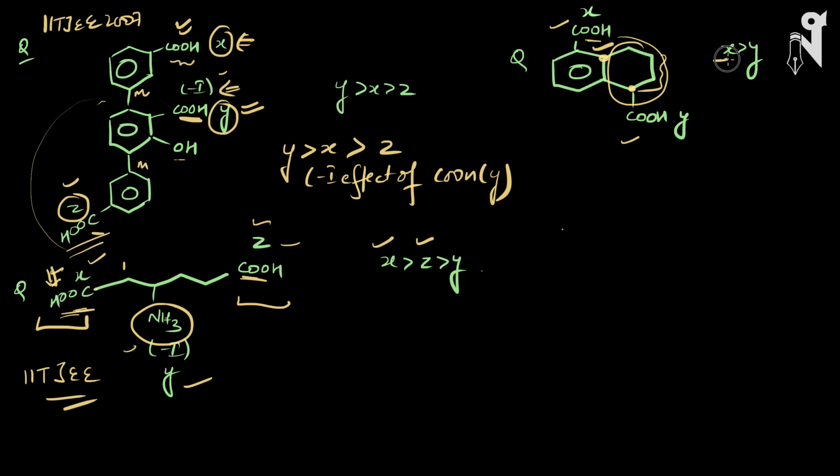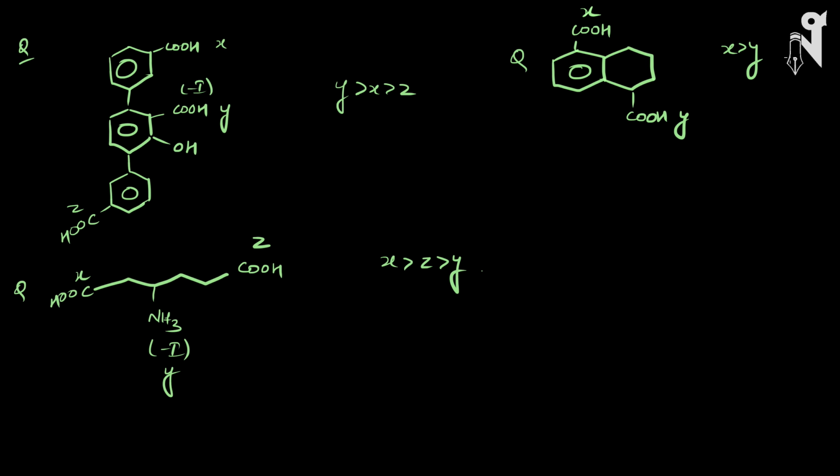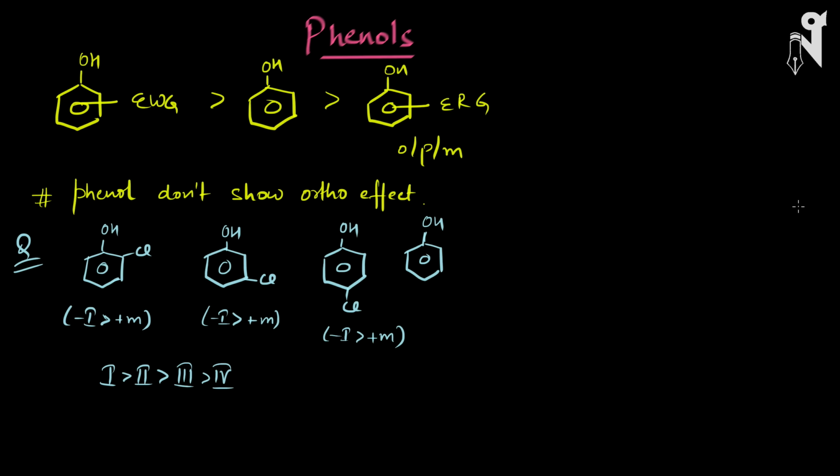So automatically X is more acidic than Y. So that's exactly how we'll be solving the questions based on acidic order. Now, we have learned how to find out the acidic strength of compounds which have COOH present in them, or you can say specific to the carboxylic acid, specific to the benzoic acid also, we have learned how exactly the groups affect the acidity of a benzoic acid.